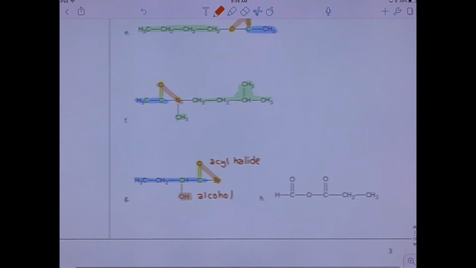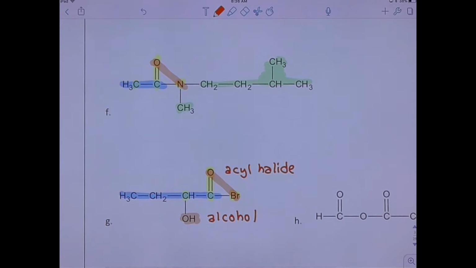I don't think I labeled anything last time. Oh yeah, so that's right. I remember now when I was creating this, I wanted to give you a little bit of extra workout. Sorry. Going back to F, what's the big substituent in green there? Isopentyl.